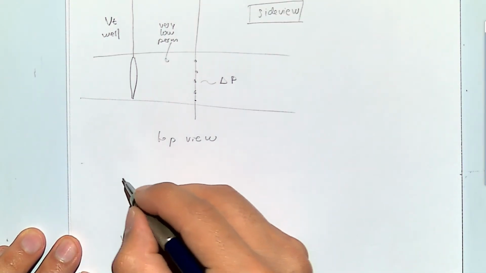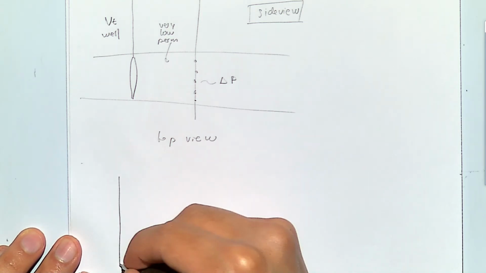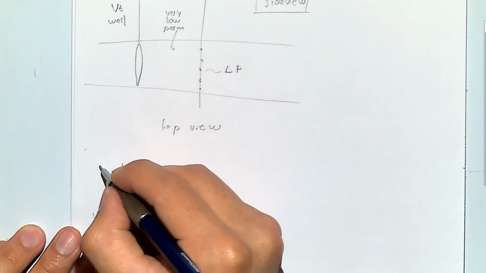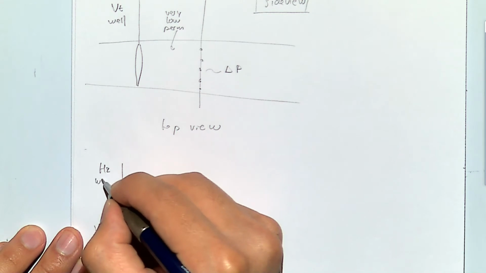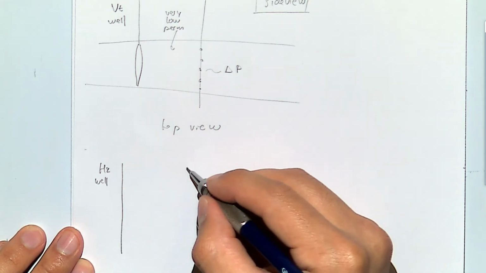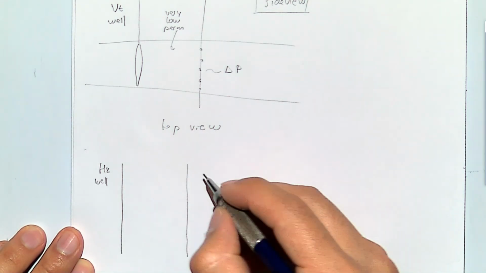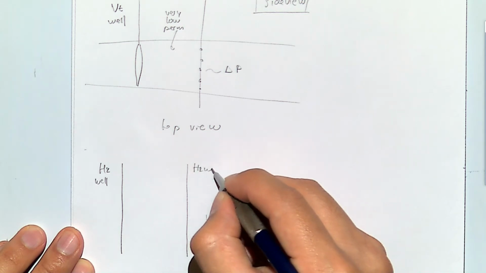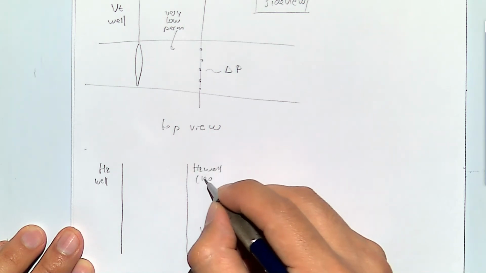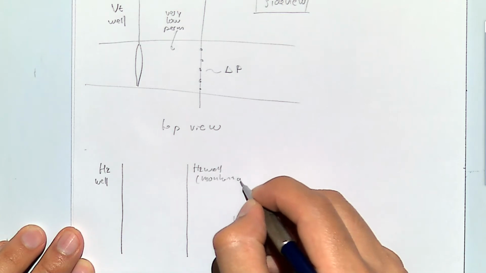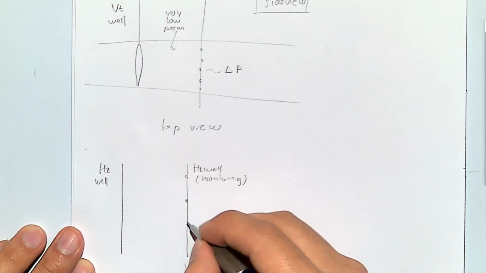From a top view, if you have a horizontal wellbore, and here you have another horizontal well, but just for monitoring, and you have sensors in this.